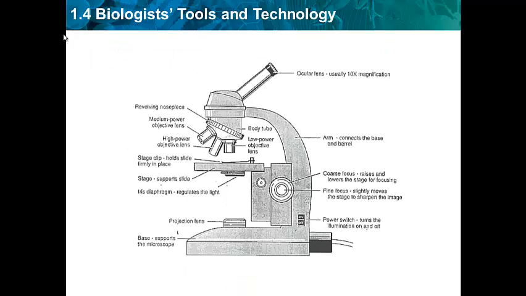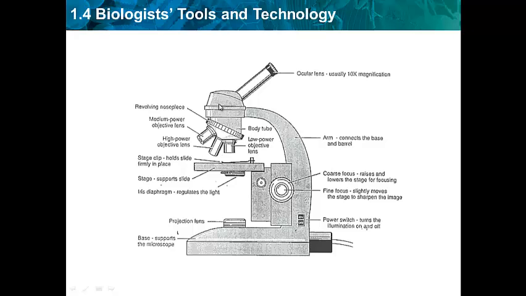We'll now take a look at the light microscope and all the components that make up for it. At the top, we have an ocular lens. This is the part that we look through. It's also called an eyepiece, and usually its magnification is 10 times. Below the ocular lens, this is a tube, and we have the revolving nose piece.